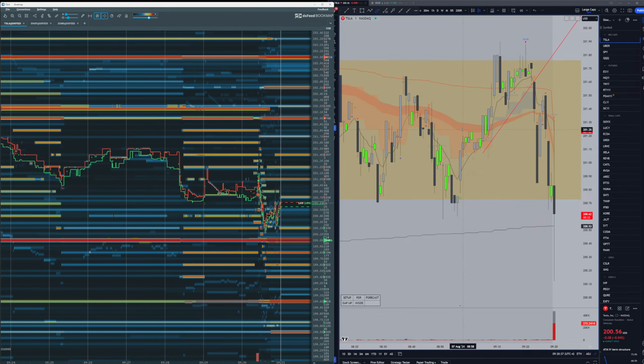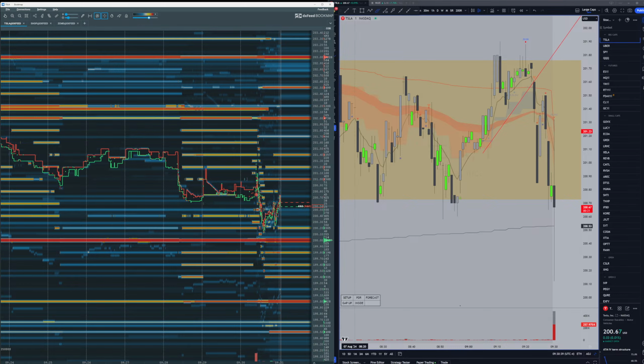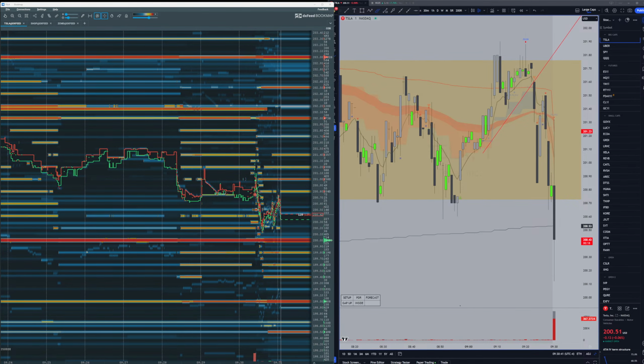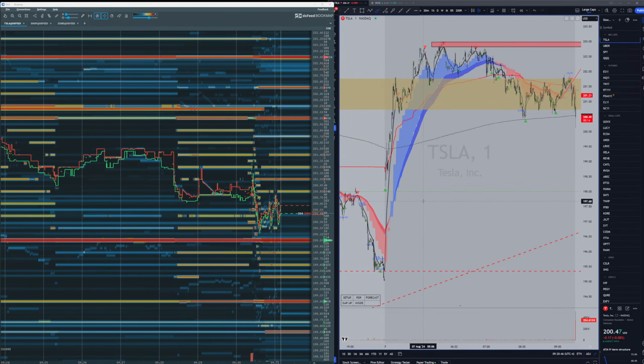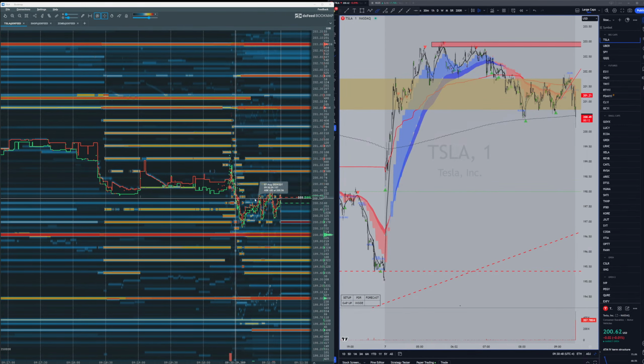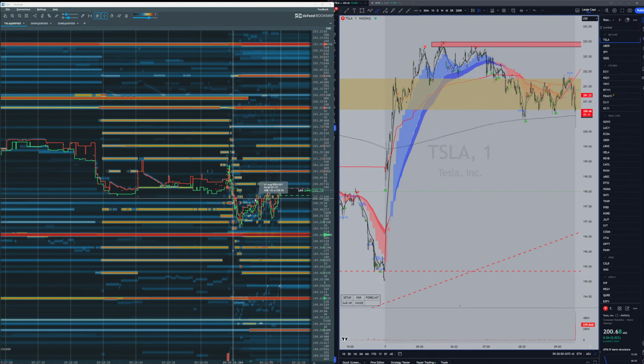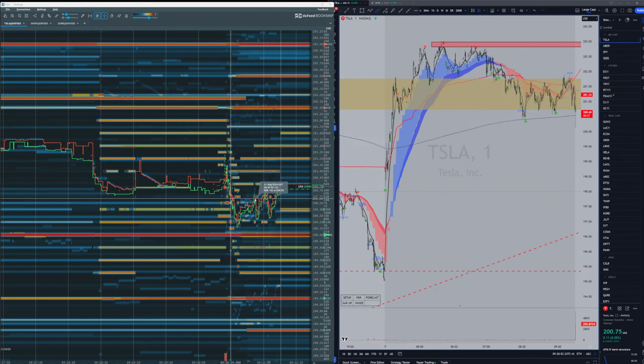Tesla's still there, waiting over here for now. Waiting on Nvidia. I'm not in a rush over here to trade the open. I want to see first direction.